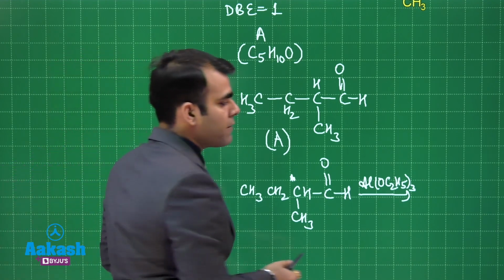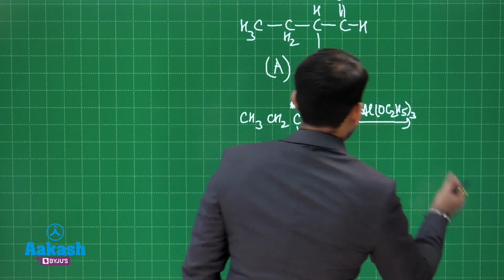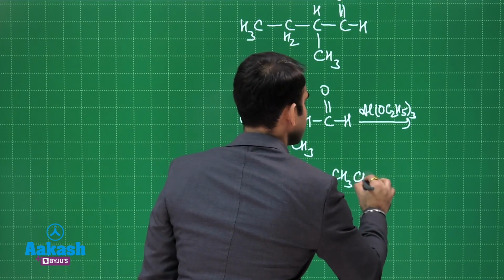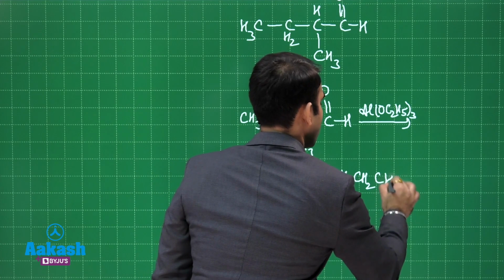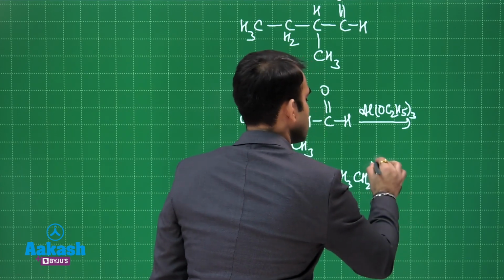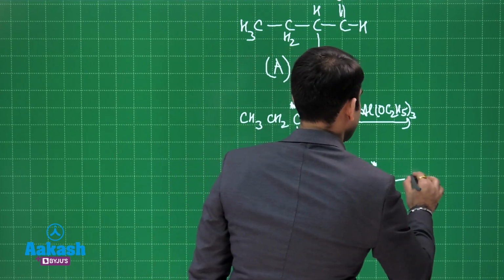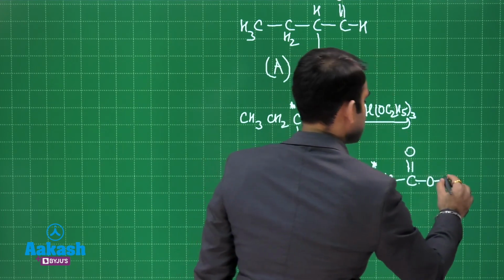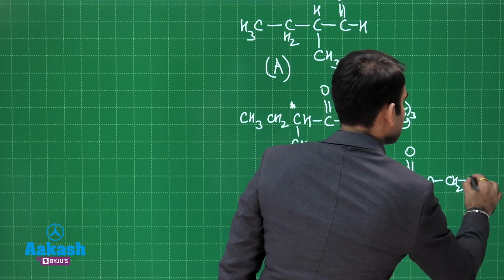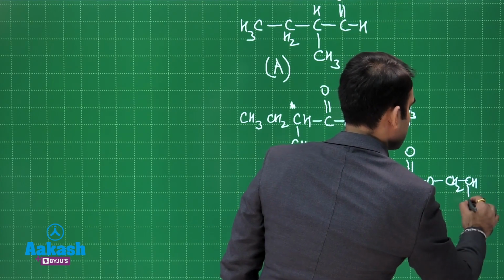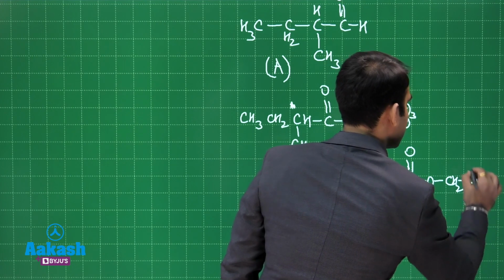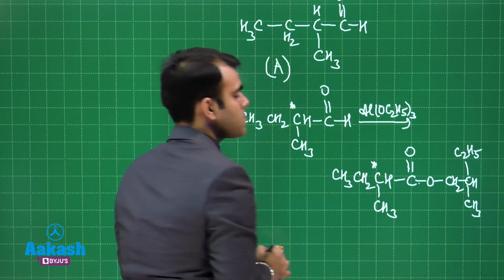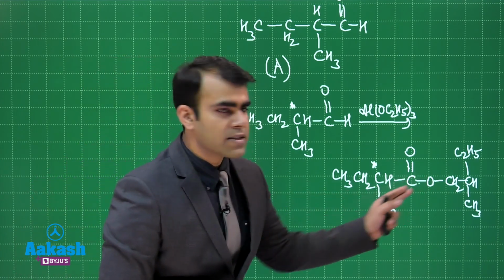So an ester will be formed here, and the structure of this ester is CH3, CH2, CH, CH3, this is the chiral center, COO, CH2, CH, CH3, C2H5. So we have this compound.